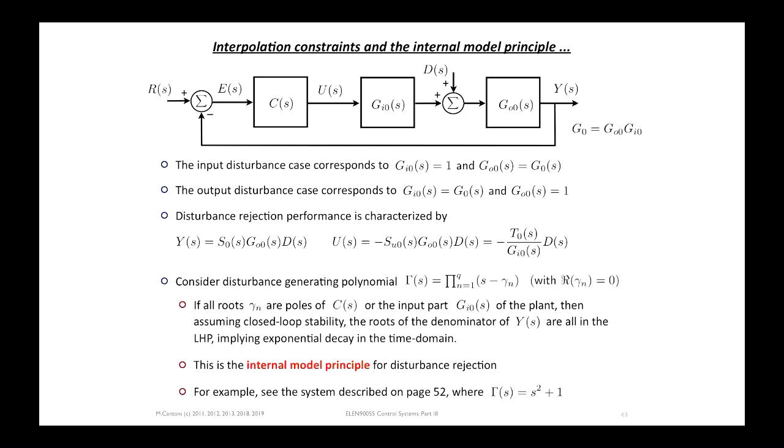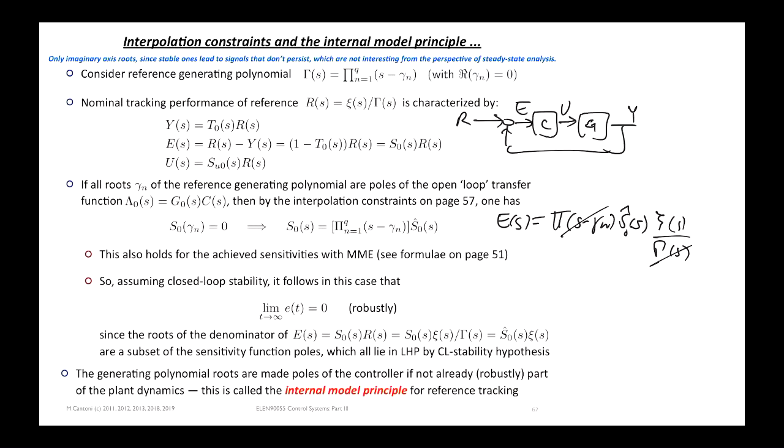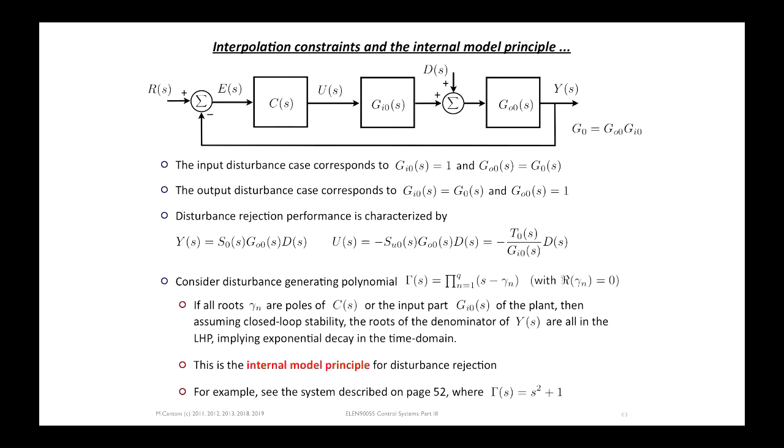You can't rely on the roots of the generating polynomial being poles of the output part of the plant. Because if they were, then they would get cancelled out by the factors that you can pull out of S in the way shown here, and you would be left with these things on the bottom from substituting D by some polynomial divided by this.